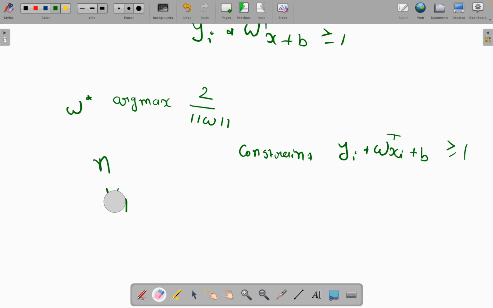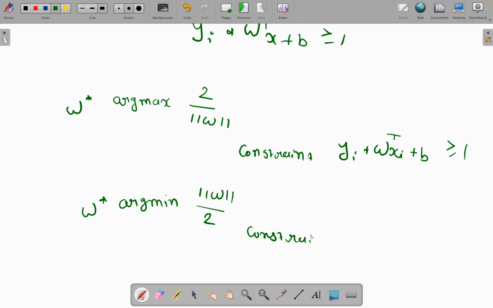So I can rewrite this equation: W star, the optimal W, which will minimize norm of W by 2, and the same constraint will not change, that yi into W transpose x plus B is greater or equal 1, right? So this is the optimization problem for SVM.